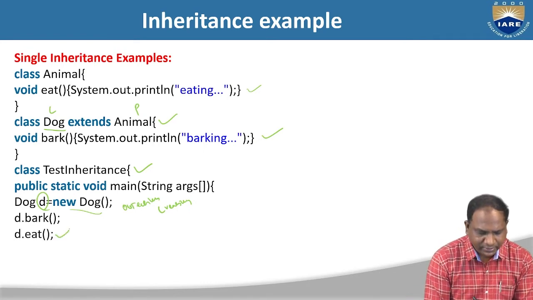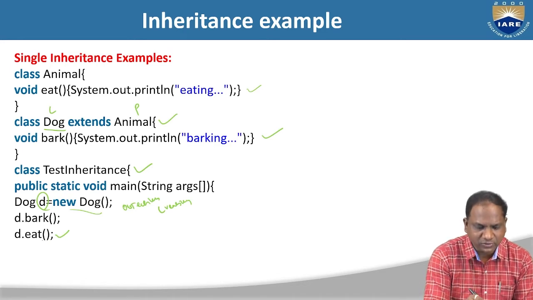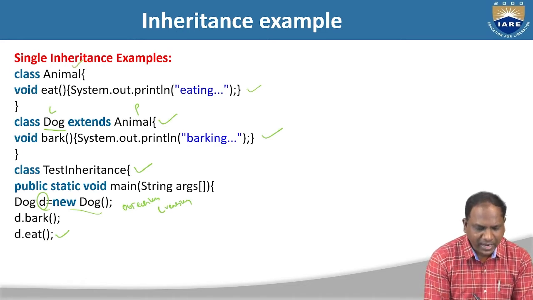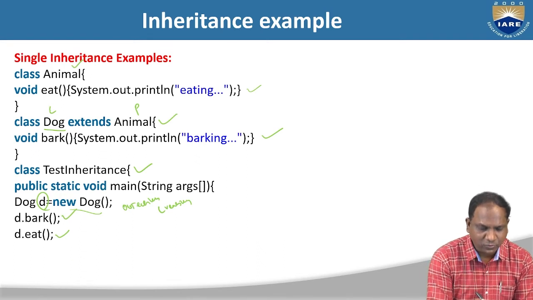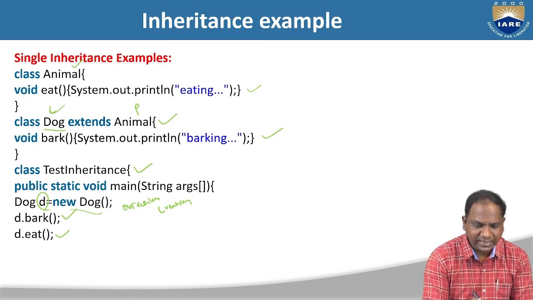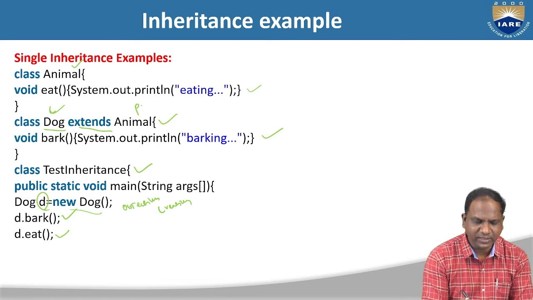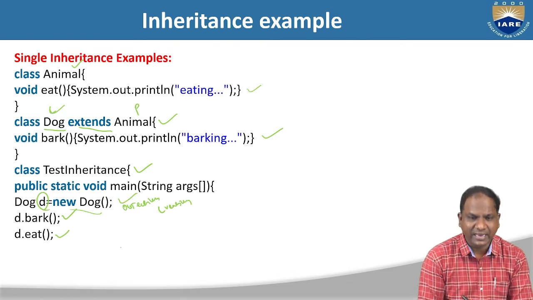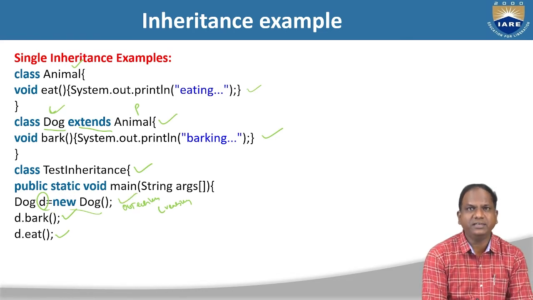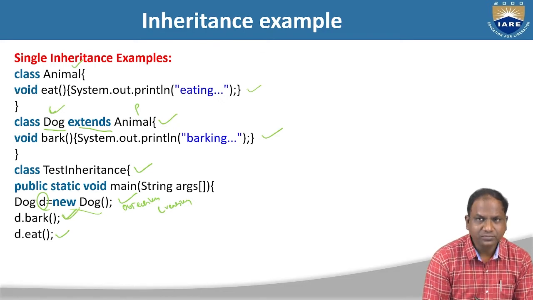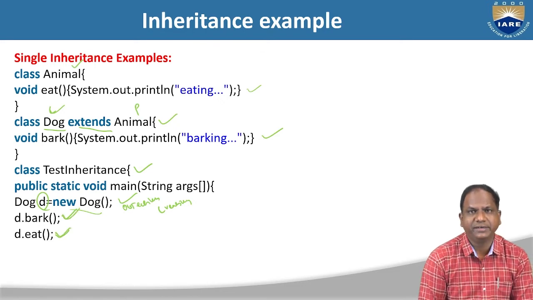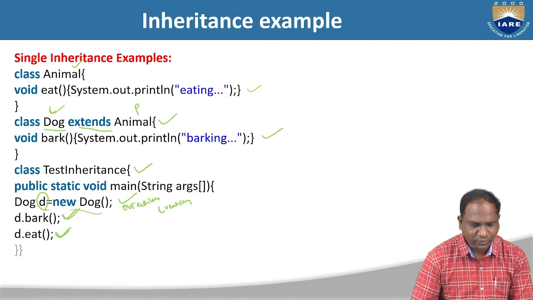Now eat is a method that belongs to the Animal class. Bark is a method that belongs to the Dog class. But you used the extends keyword, so all the properties are inherited by the Dog class, because Animal is the parent class and Dog is the child class. So I created an object of the child class and called d dot bark, d dot eat. Then I close the method.